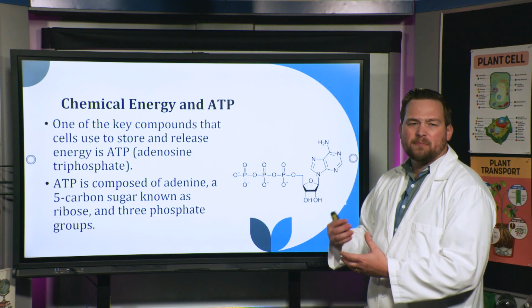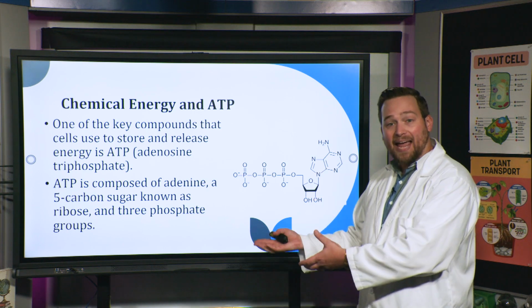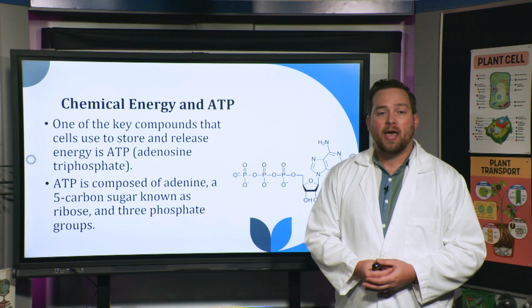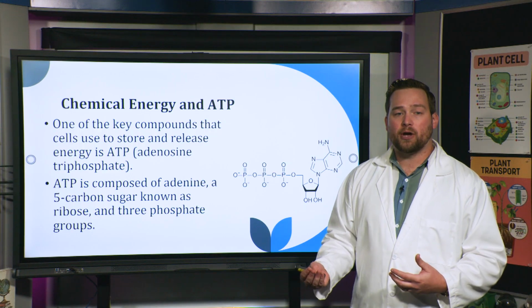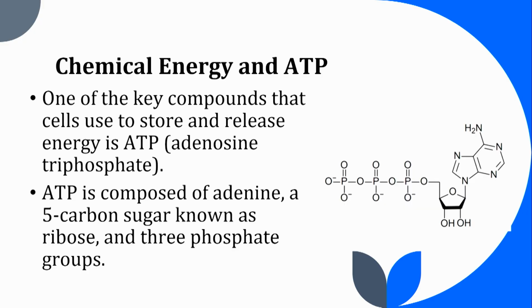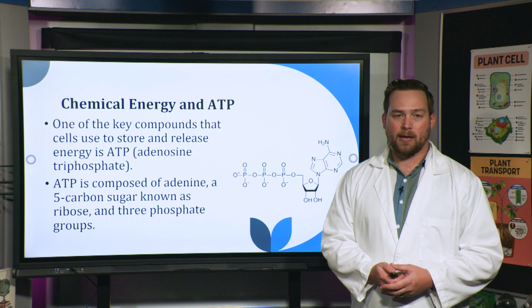It's called ATP. The adenosine is this nitrogen base over here, so it's got an adenine in it and then three phosphates. ATP is composed of an adenine, a 5-carbon sugar known as a ribose, and three phosphate groups. What we really want to focus on are those three P's. That's where the energy is, in the bonds in between those phosphates.